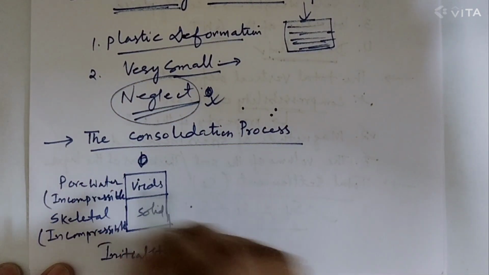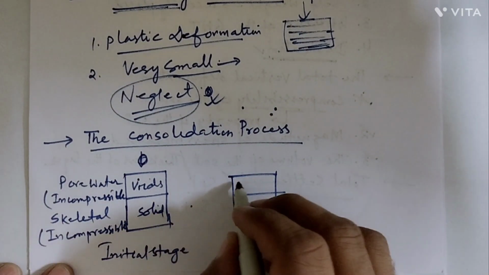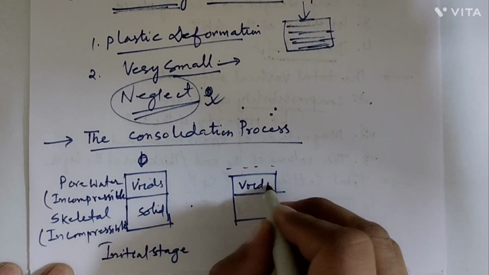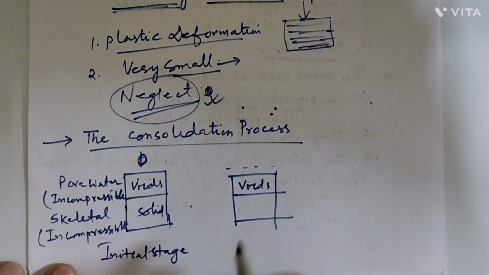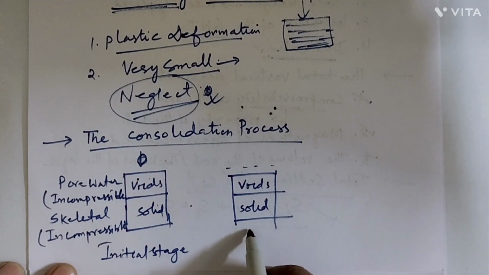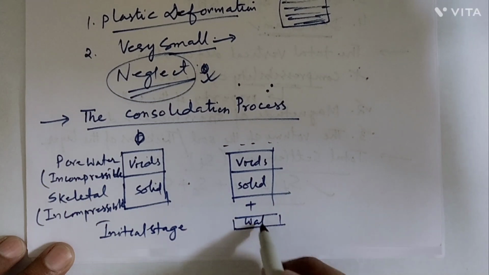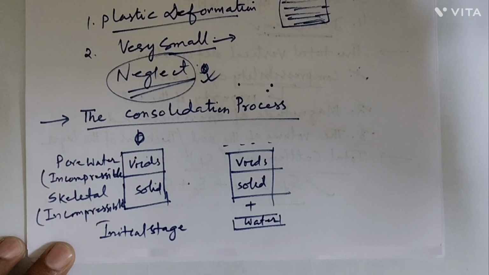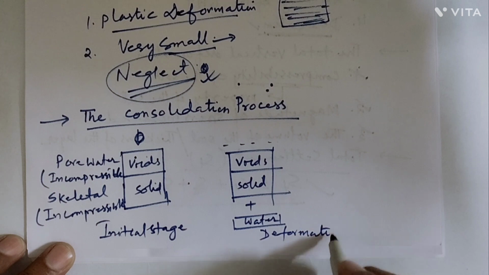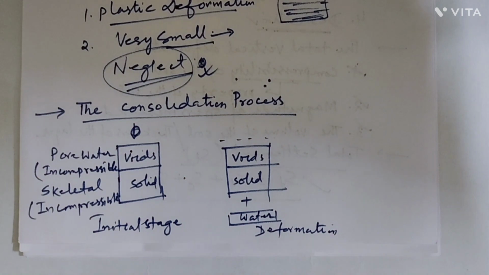Once the load is applied, these voids get reduced, the solid part will remain as it is, and some water is expelled from it. There will be a deformation in the soil, and that deformation is vertical, and that is why this is called consolidation.